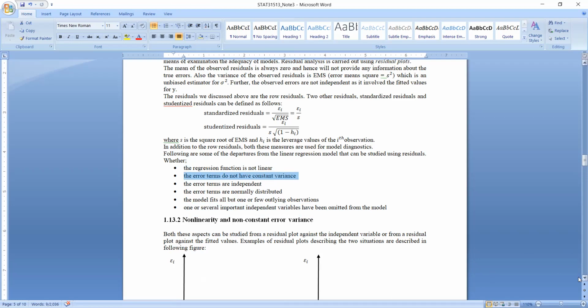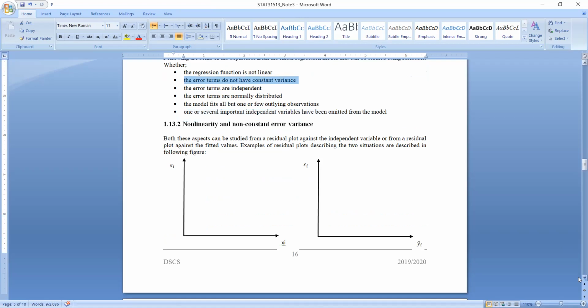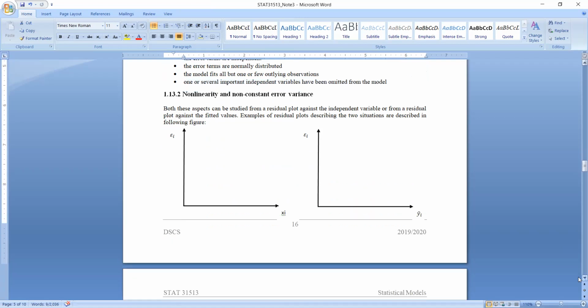Now, when you do this residual analysis, if you check the reference books, or if you just search on Google, you will see that when you plot the residual plots, we have to take the residuals and the independent variable or the fitted value to obtain the residual plot, right?